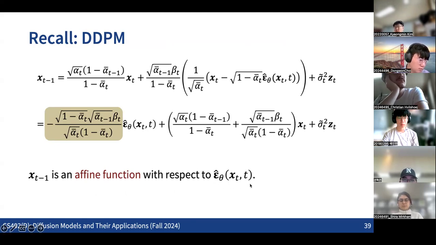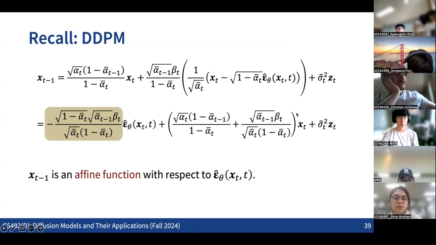This is the predicted noise, and xt minus 1 is obtained by multiplying some scaling factor into the predicted noise and adding some offset. So xt minus 1 is an affine function with respect to the noise. While the formulation looks complicated, it's nothing but multiplying some scaling to the noise and adding some offset.